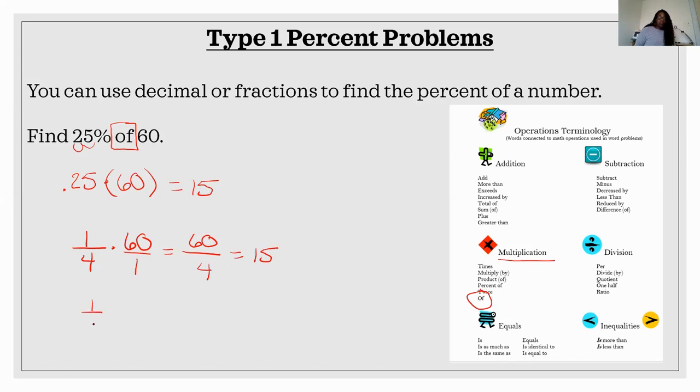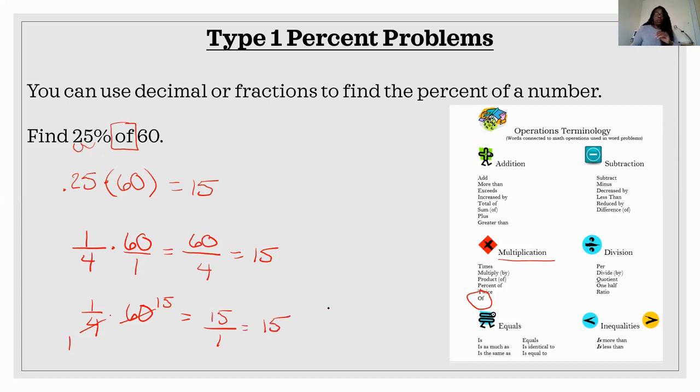Or I can do what's called cross simplify. 4 and 60, they have something in common. They have 4 in common. So if I cross that out, 4 divided by 4 will give me 1. 60 divided by 4 will give me 15. And then I multiply 1 and 15, which gives me 15 over 1, or just simply 15.